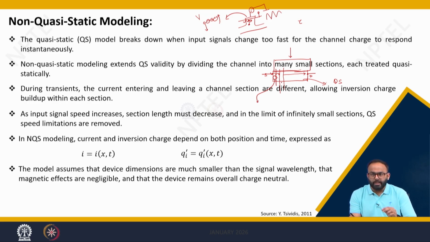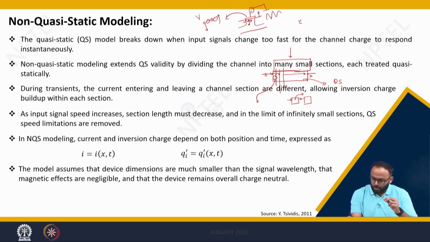However, when you connect those sections like this, the entering current and the leaving current will be different, and hence there will be a charge pile-up problem. It means the inversion charge will be stored a bit.